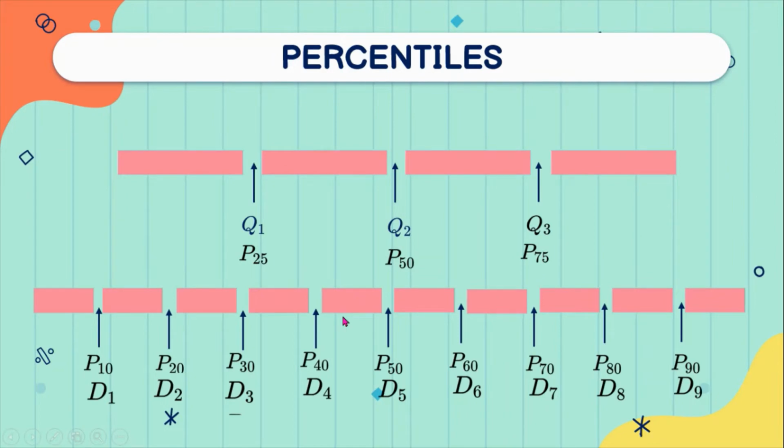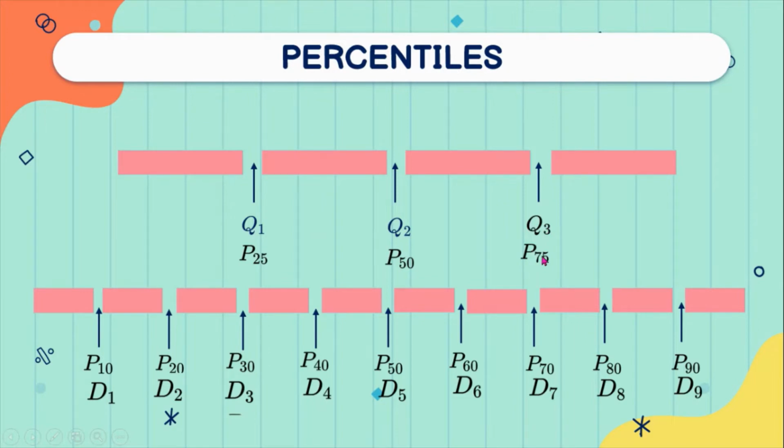So let us have this diagram. The first quartile, or Q sub 1, is just the 25th percentile, or P sub 25. The Q sub 2, or the median, is just the P sub 50. The third quartile is just the P sub 75.